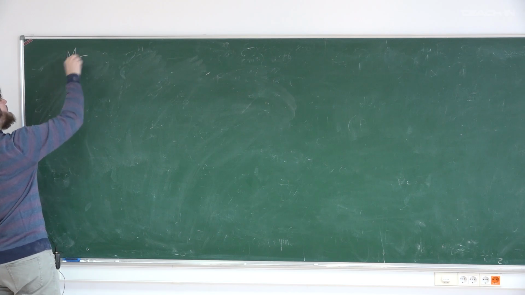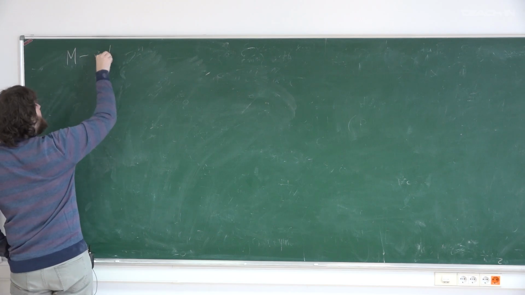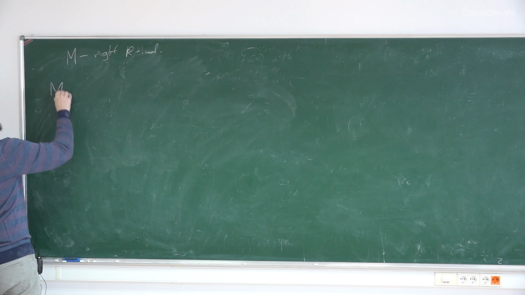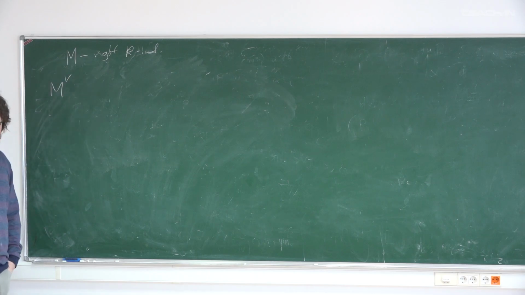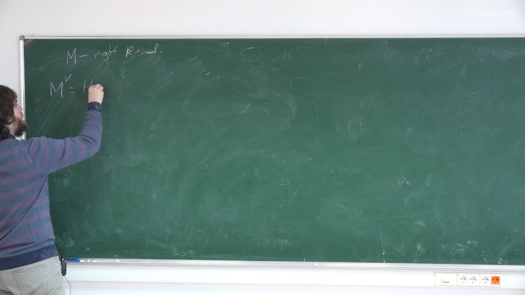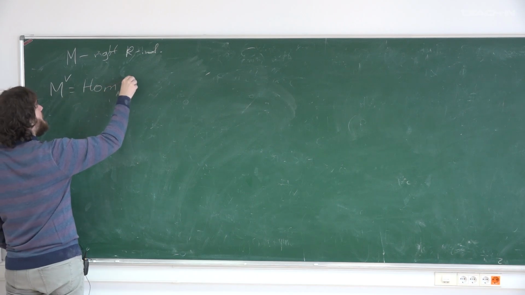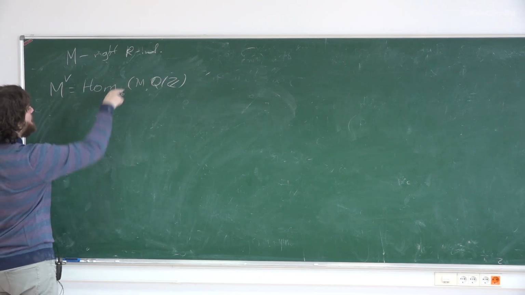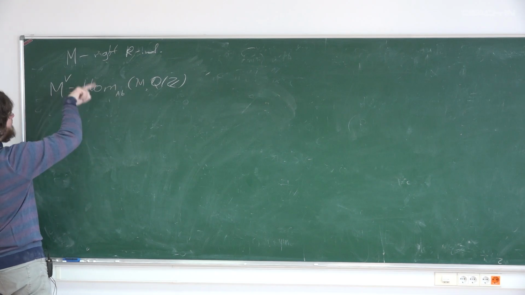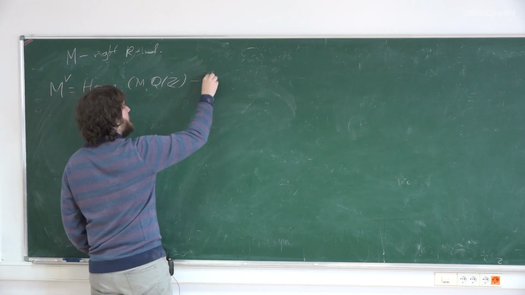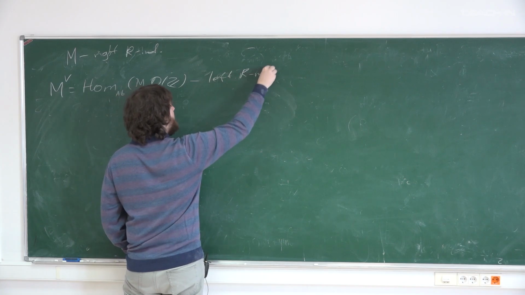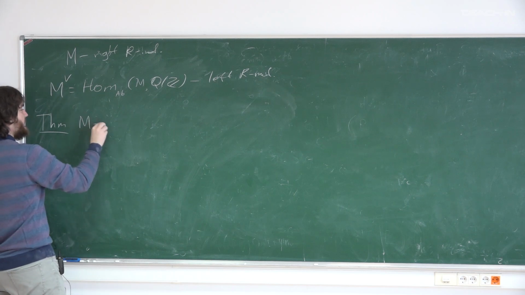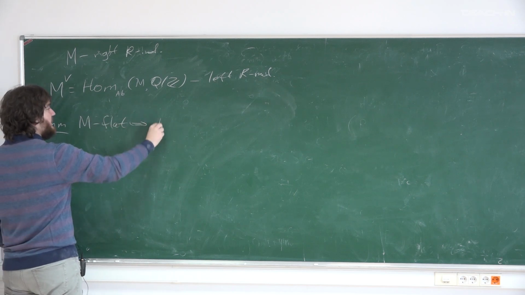Recall that if I have M, for example a right R-module, then I can consider M check, its Hom as abelian groups from M to Q modulo Z. From the right R-module multiplication on M, we obtain a left R-module structure on this abelian group. It's a left R-module. And so our third theorem is that in fact M is flat if and only if M check is injective.